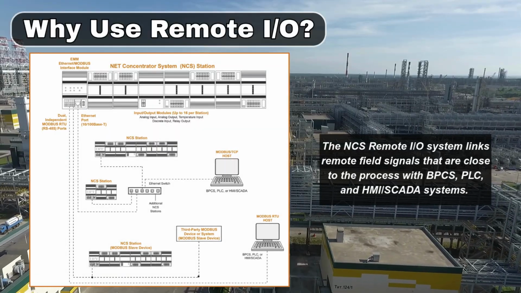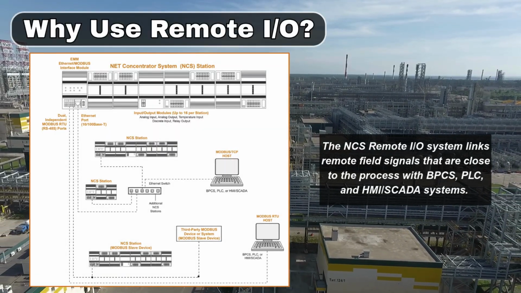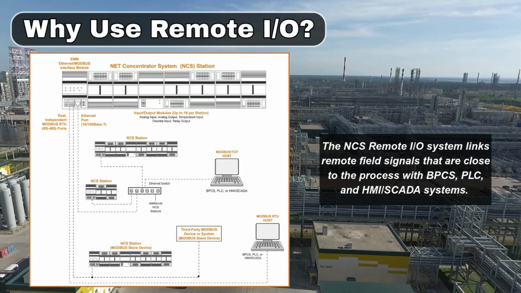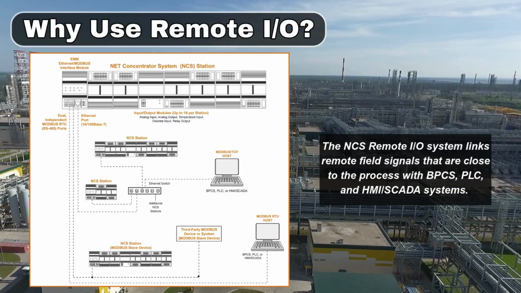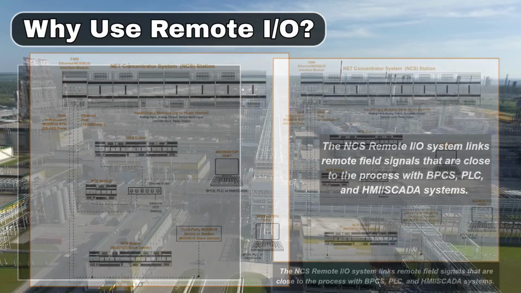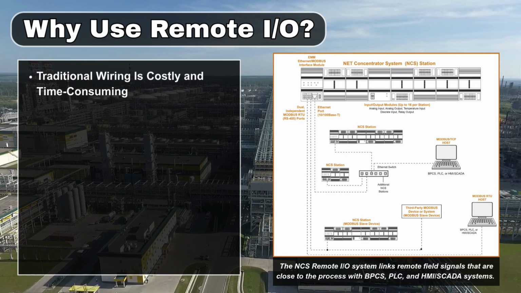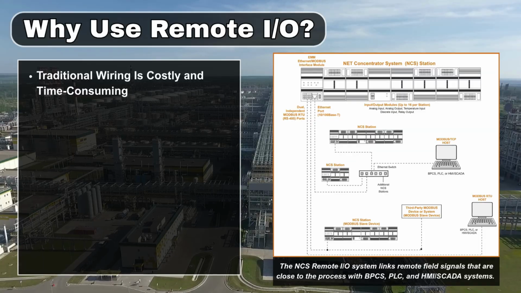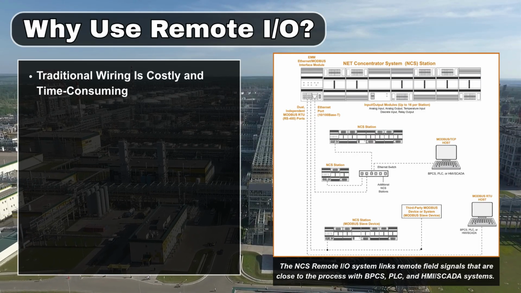The traditional approach to connecting field devices to a control system requires running individual wires or twisted pairs from each instrument back to a central location. In large facilities or installations where process equipment is spread across wide distances, this wiring infrastructure becomes enormously expensive and time-consuming to install and maintain.